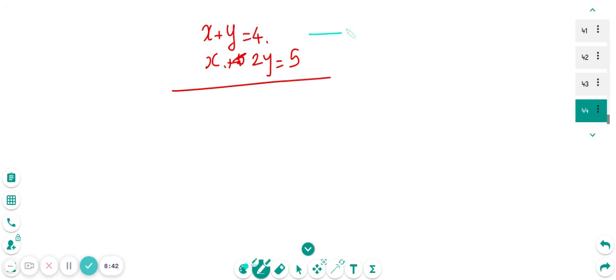This is equation number 1, and that is equation number 2. Just try to think about it. You want to eliminate one of the variables. Let's say you want to eliminate y. Is it possible to eliminate y? It's not, because they don't have the same value. By adding or subtracting, we would never be able to eliminate y in the first place.